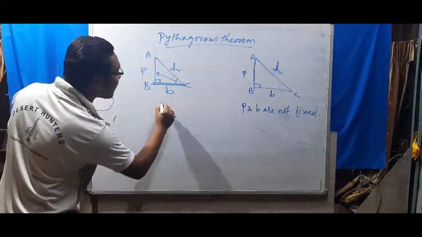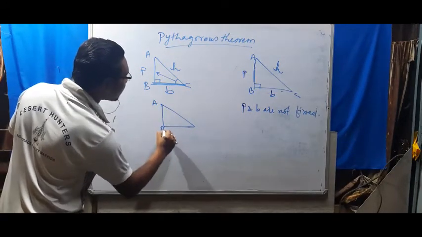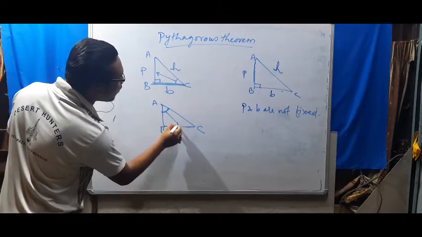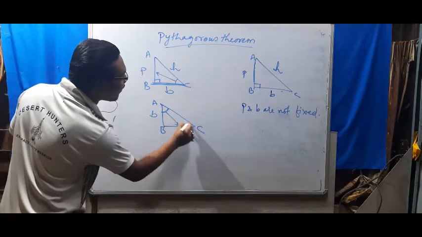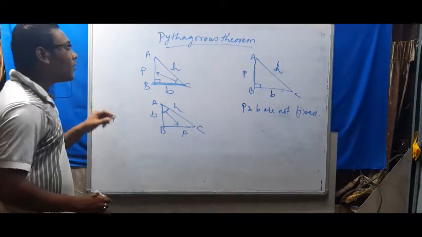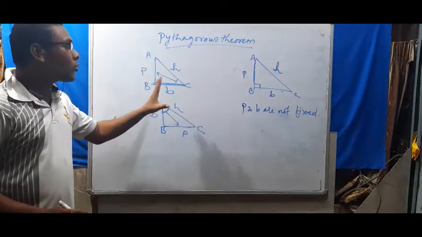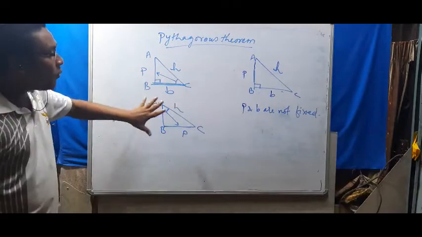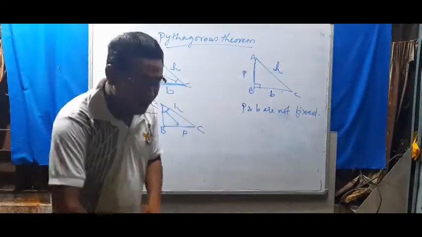Again in the same triangle ABC, if I consider angle A, then this side will become the perpendicular, this side will become the base and the slant height will become H, that is hypotenuse. Clear? This is a very important portion of trigonometry. Without knowing this, you will not be able to understand the trigonometric concepts very clearly.